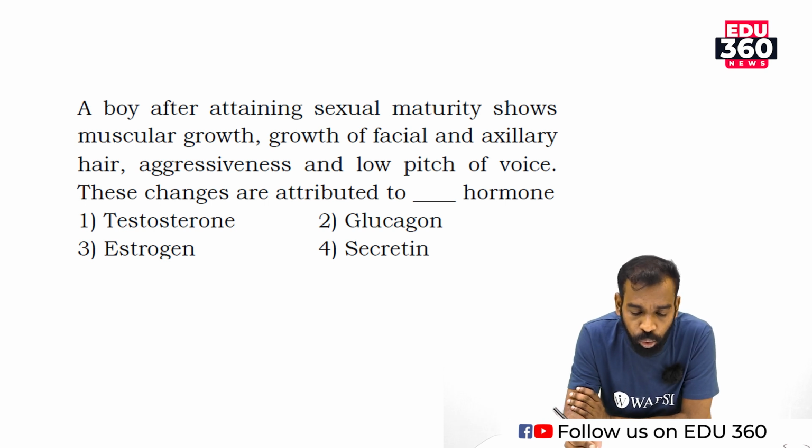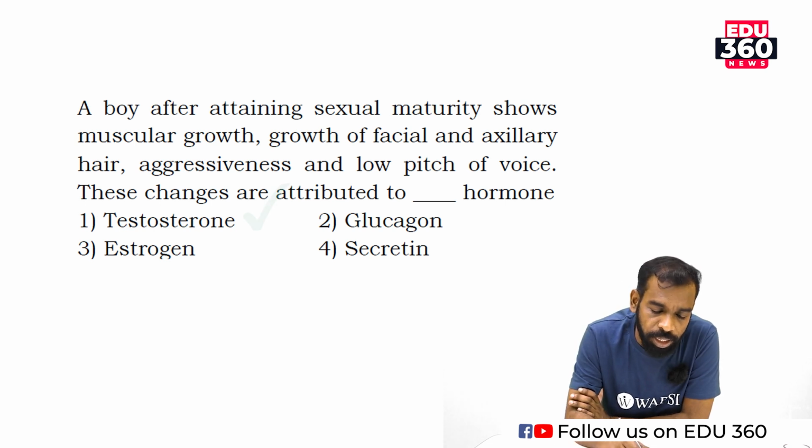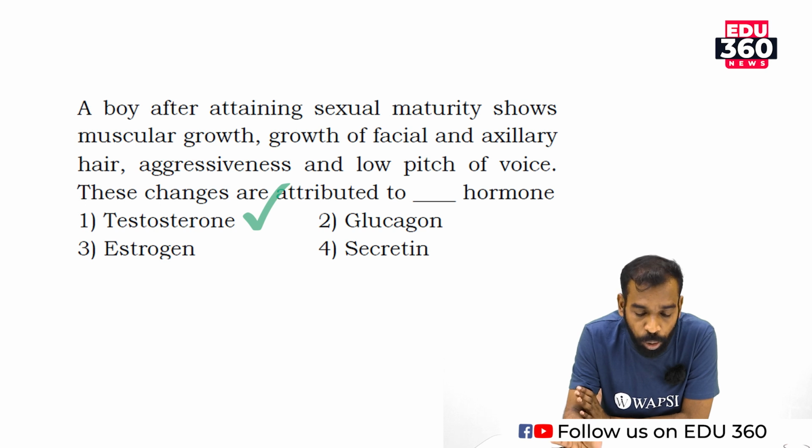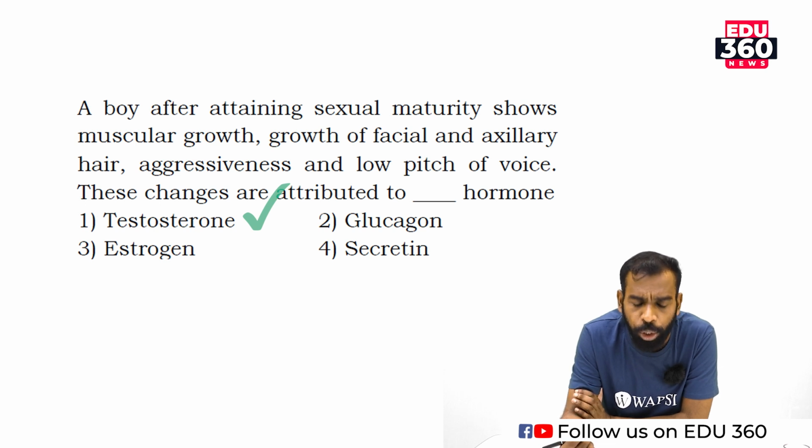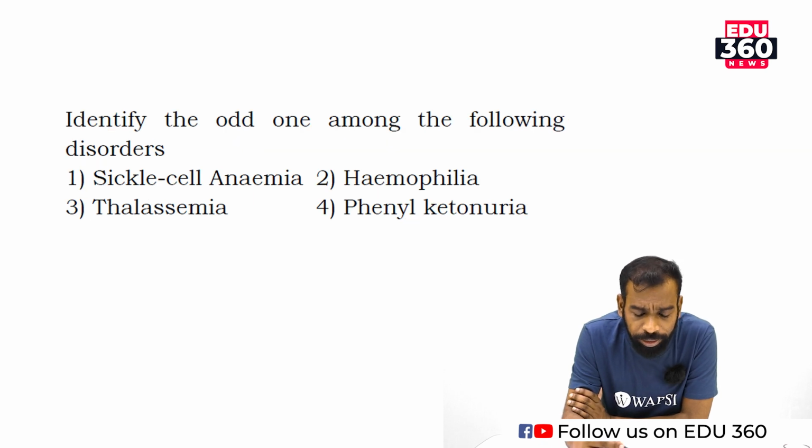Glucagon, option 2. Estrogen, option 3. Secretin, option 4. The answer is crystal clear. Testosterone is the hormone which helps in the development of secondary sexual characters in boys during the puberty period.